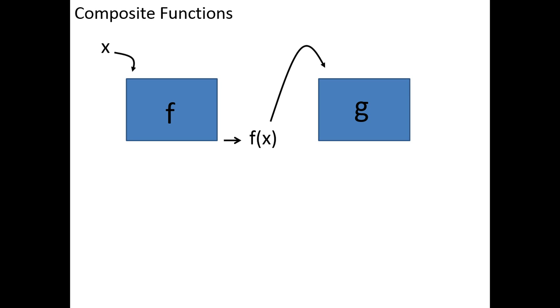Then we take the value that we got back out and we immediately put it in another function for input and come up with a final output. That's the notion of a composite function. The output of the first function becomes the input of the second function.